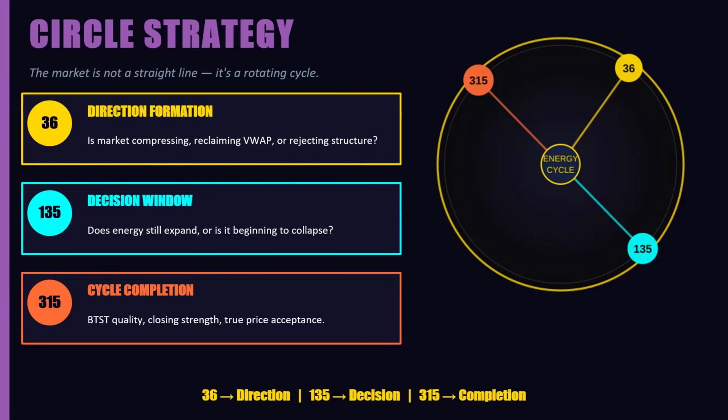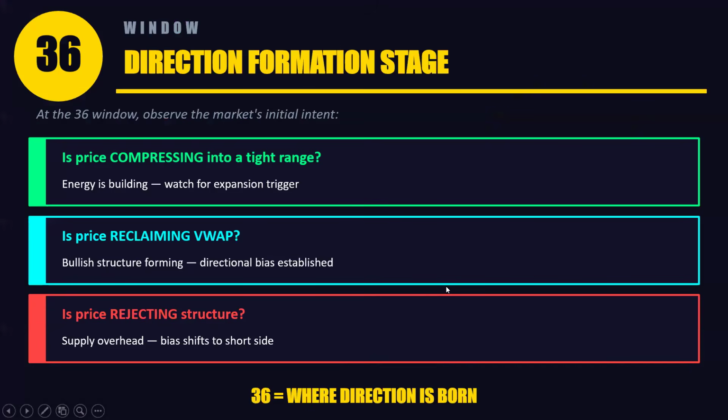But there was a signal, with the help of my indicator, why it should not be taken into consideration. So 36 is direction, the 135 time frame window is decision, and 315 is the completion. That is like a circle strategy. It depends upon the circle strategy.